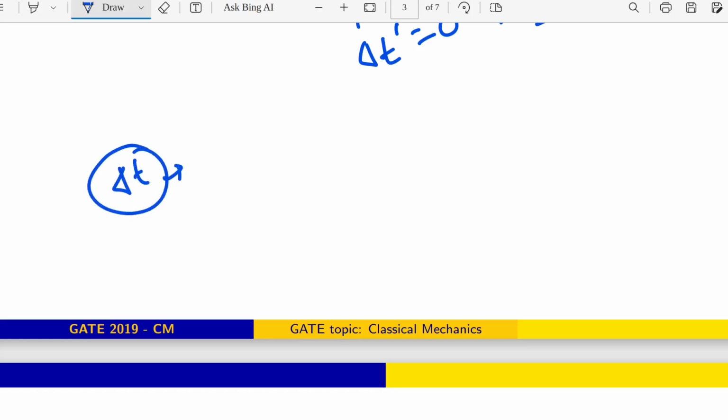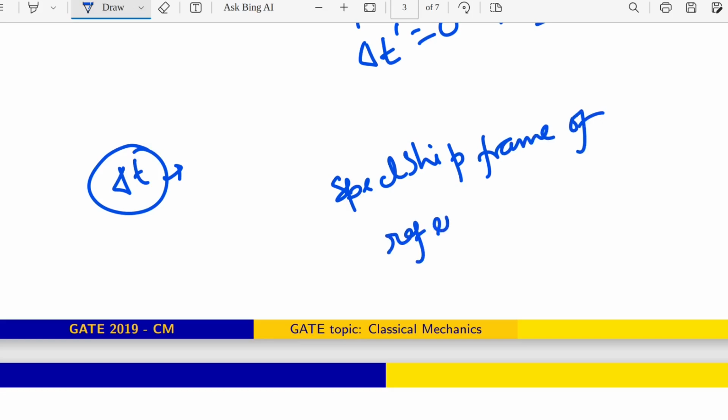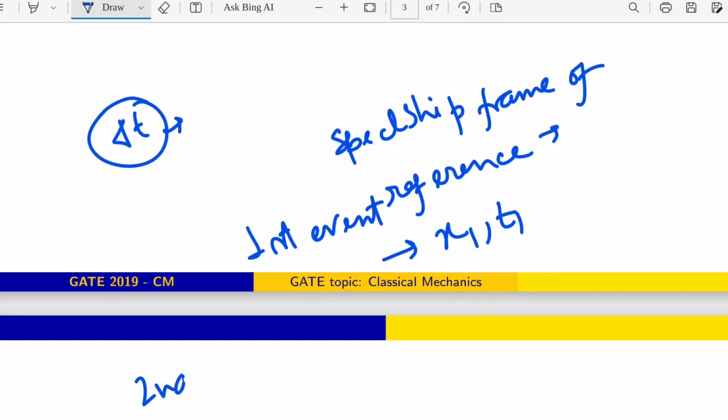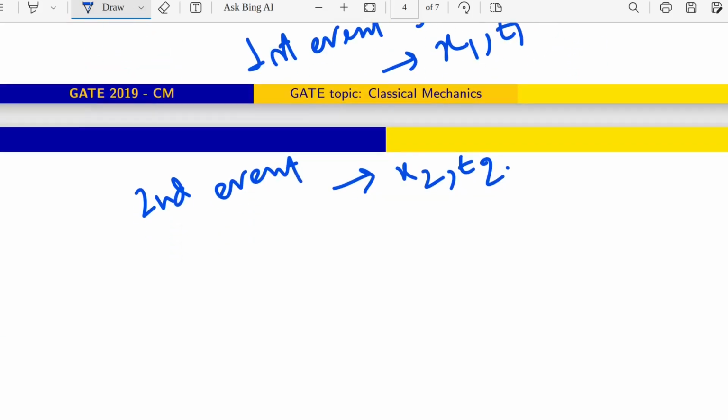Let's say in the spaceship frame of reference, I am indicating the first event as x1, t1 and the second event as x2, t2. We need the value of delta t, which is nothing but t2 minus t1.